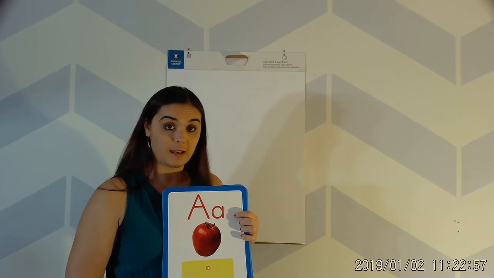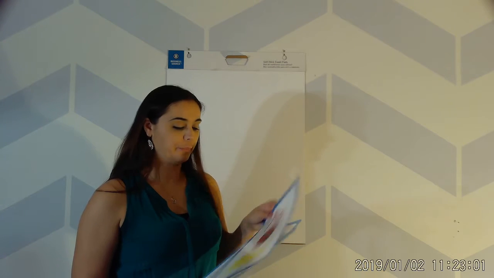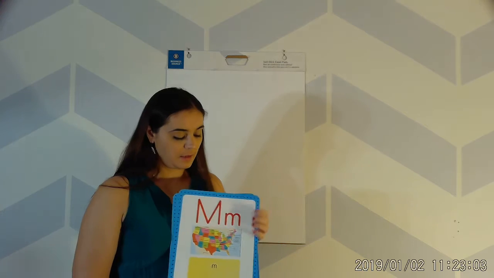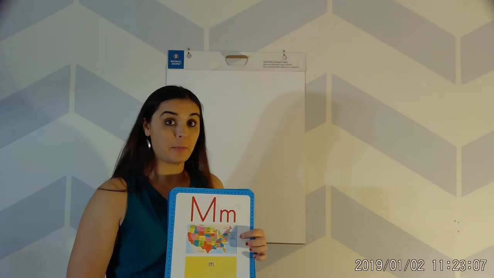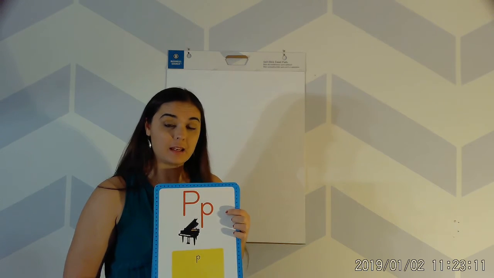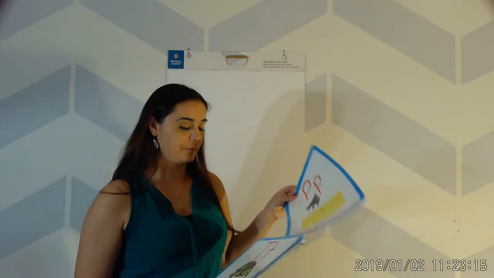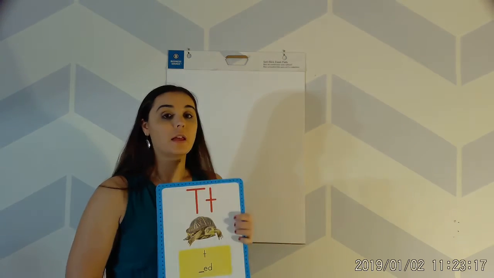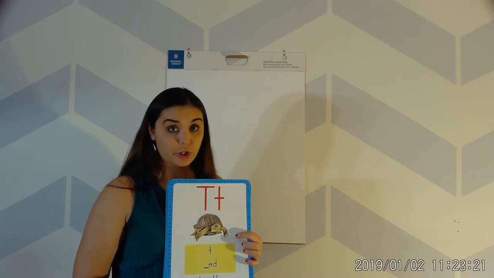The letter A says ah, like apple. The letter M says m, like map. The letter P says p, like piano. The letter T says t, like turtle.